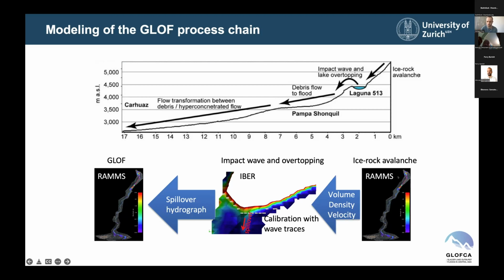Back in time, this was another module, but it's not important in this case. Then we had a hydrodynamic model to basically simulate the lake formation, wave formation, wave propagation, and also the overtopping, the spillover at the dam. And this model gave us the hydrograph that we then used for the GLOF modeling of the downstream, which only starts actually at the dam of the lake.